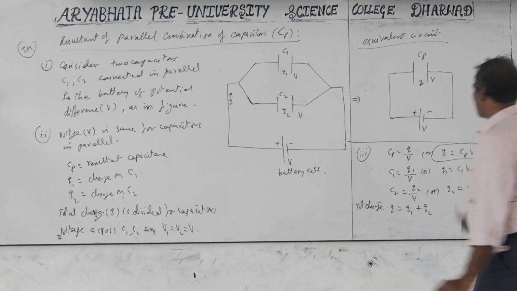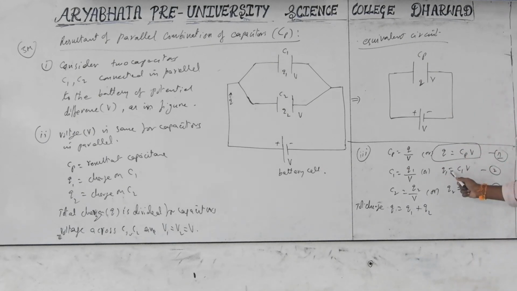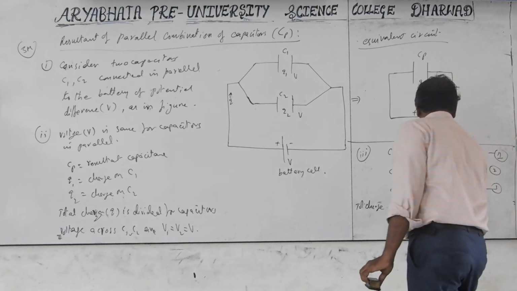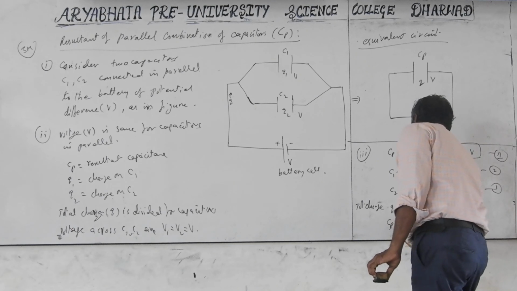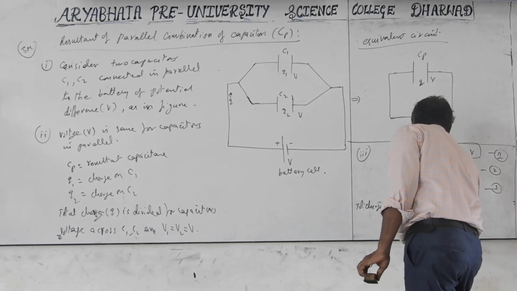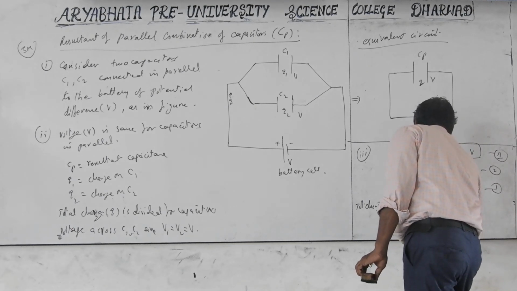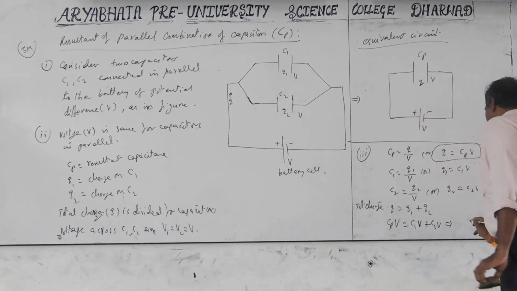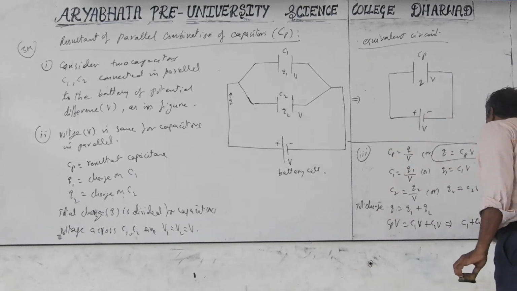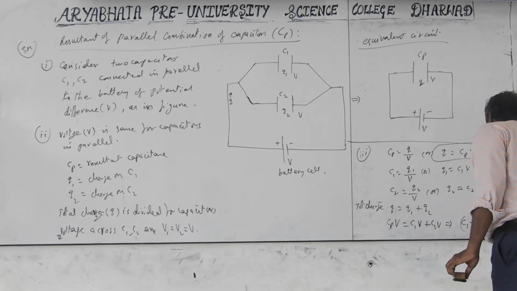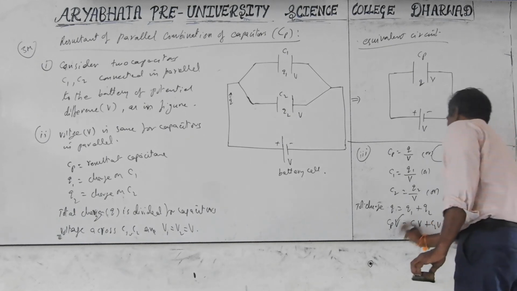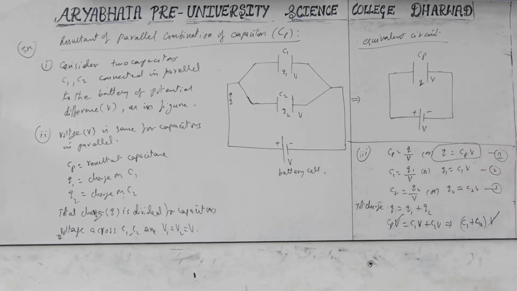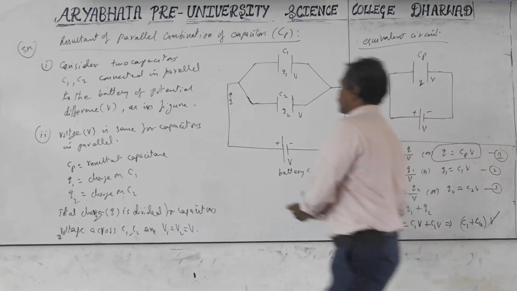So, taking the values of Q1 and Q2 from equations 1 and 2, Q is equal to C parallel times V, which is equal to C1V plus C2V, which equals V common, C1 plus C2 times V. So V, V cancels. The resultant is CP equal to C1 plus C2. So, that is what it is right here.